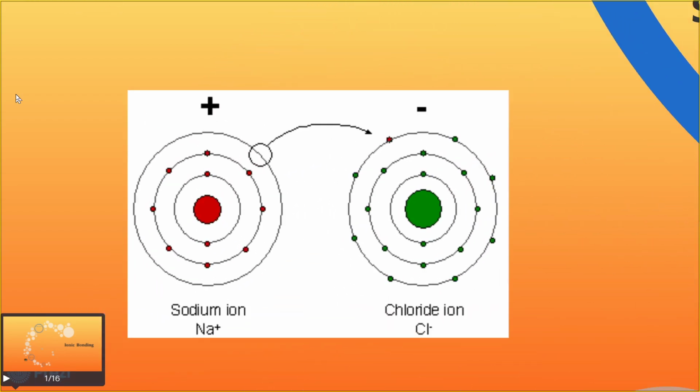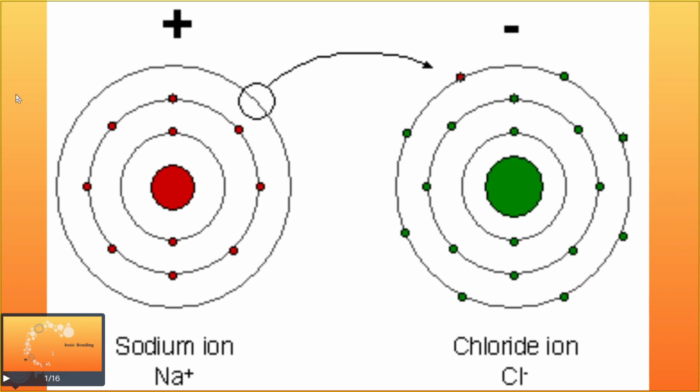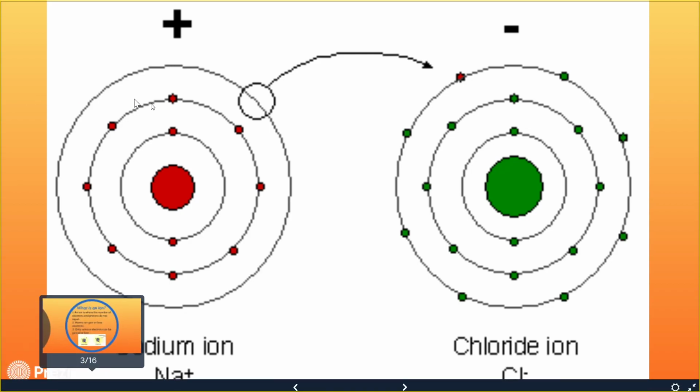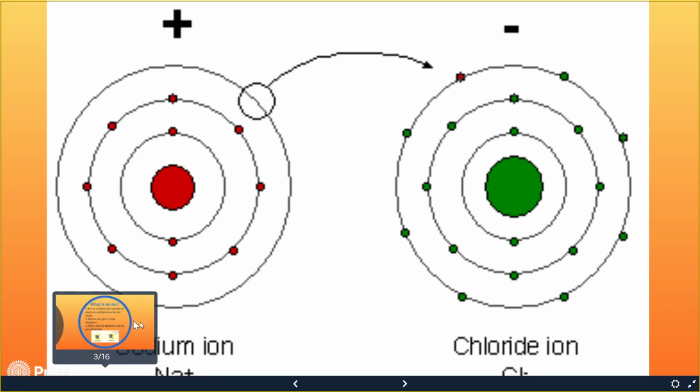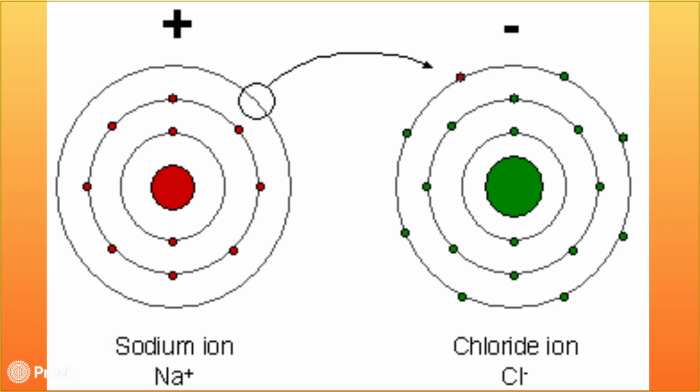electrons. So this here is an example where we have a sodium ion, and normally sodium has 1 electron in its outer shell. However, it has lost that electron to chlorine, and chlorine has now gained an electron from the sodium.